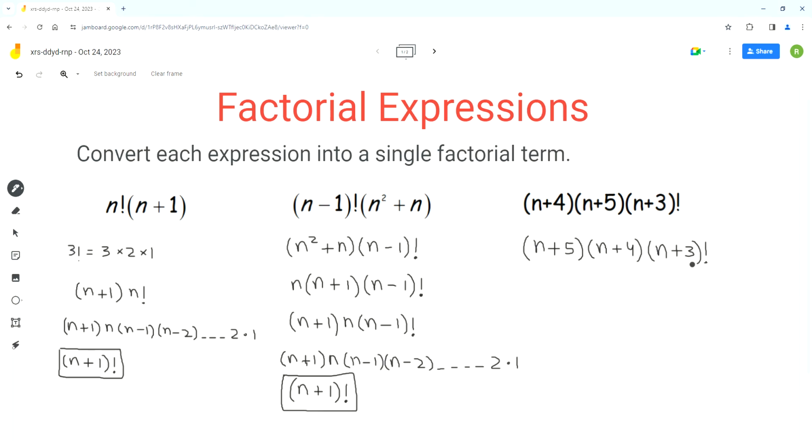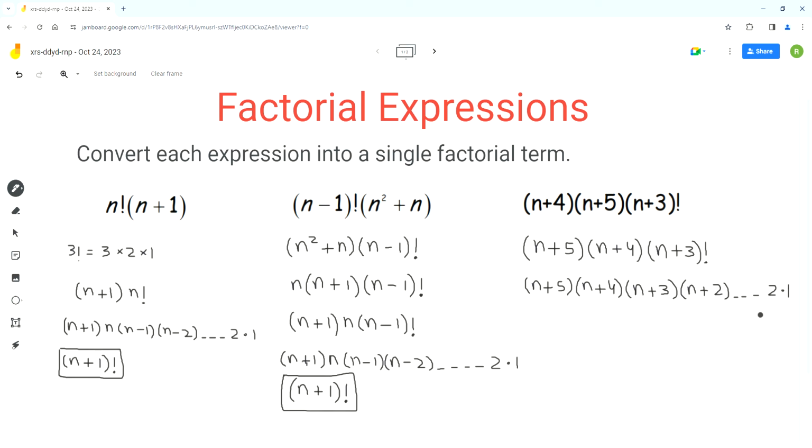We can expand n plus 3 factorial. So n plus 5 and n plus 4 will stay the same. We just expand n plus 3 factorial, and that can be expanded as n plus 3 times n plus 2 times, and we can extend it all the way to 2 times 1.